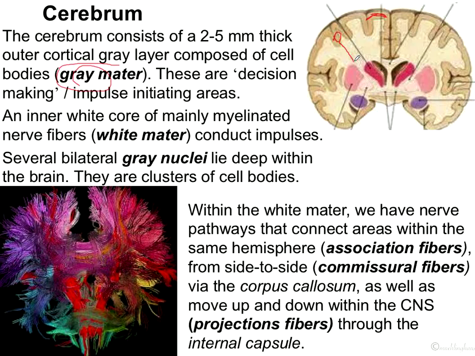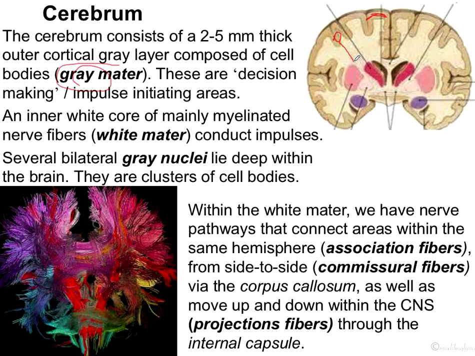Remember that phospholipid bilayer around the cell membrane? That's basically creating a little hydrophobic film, or a little fat layer, around the neuron, and so that's kind of cool. And that part looks whiter, so we call that the white matter, essentially.